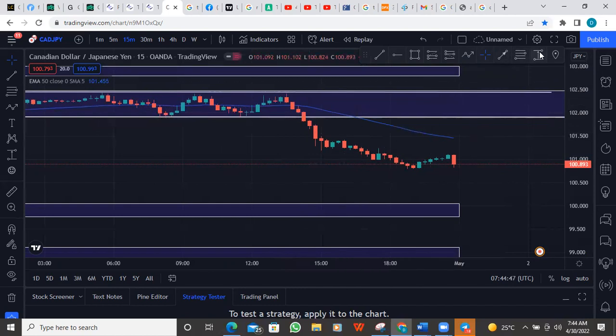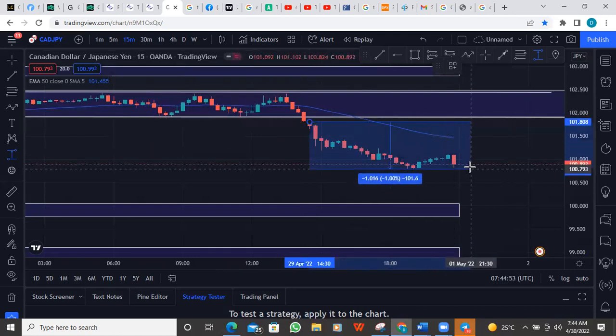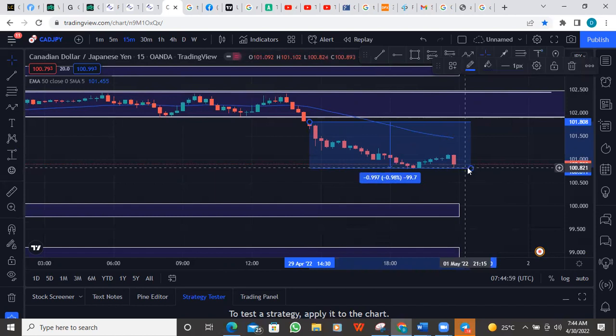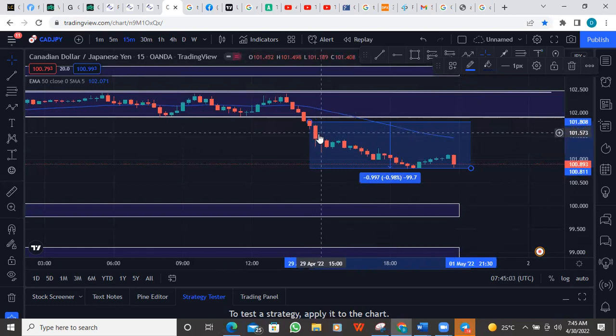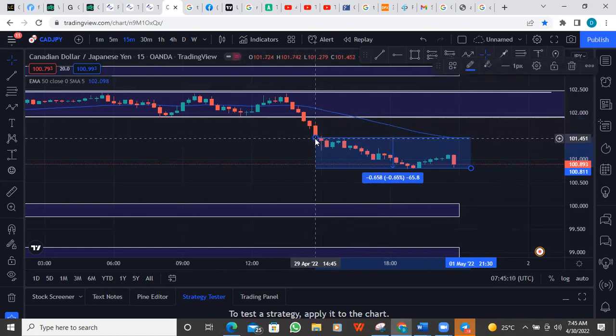So if we take this trade at the closing of the first candle, you should be making around 99 pips. All right, but I just waited to get a little confirmation of the sellers in the market, and then I took it somewhere here, which gave me over 60 pips.